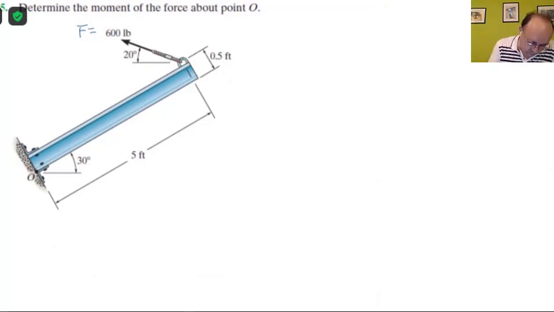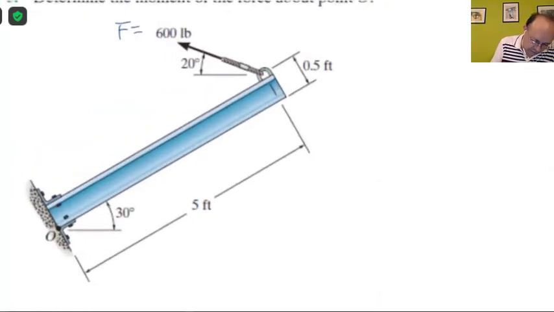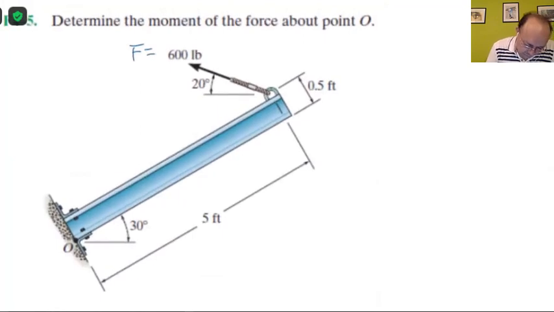If we make the decomposition of the force... You know what? It will be better if we do the decomposition of the force in the direction of the bar and perpendicular to the bar.